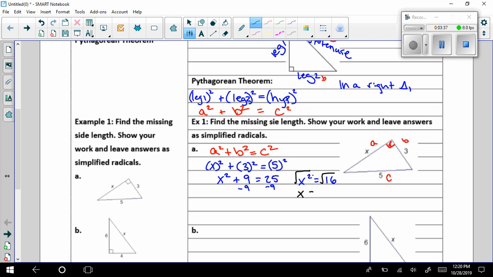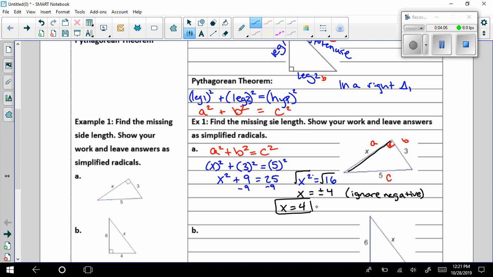So x is equal to, and this requires you to kind of go back to algebra. Technically, the square root of x squared is a positive or a negative. So the square root of 16 is plus or minus 4. Again, because we're talking about a distance, we're going to ignore the negative and just say that x is equal to 4.